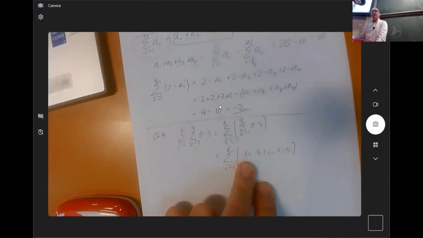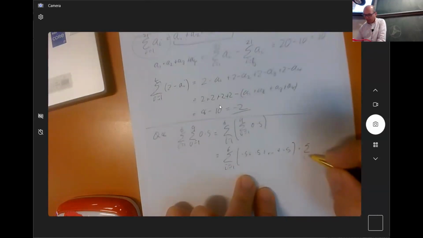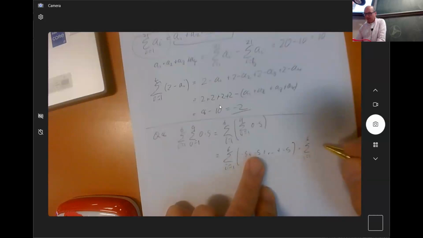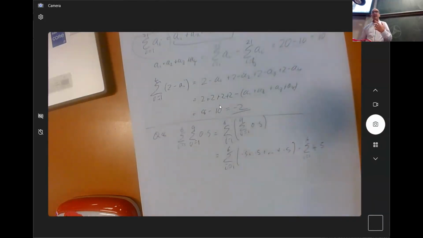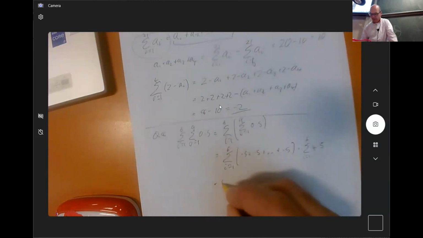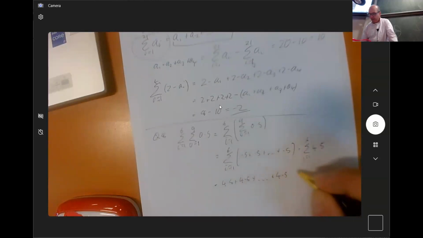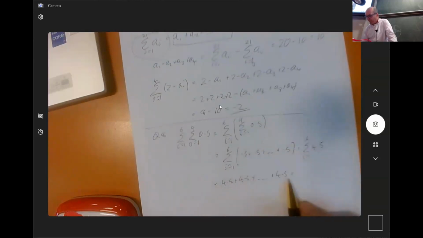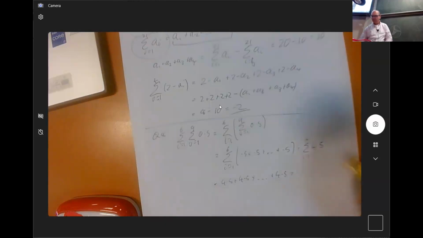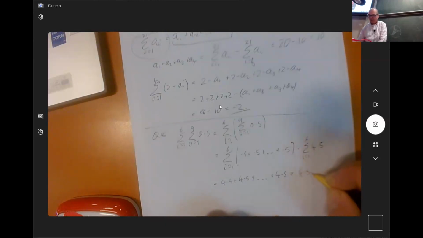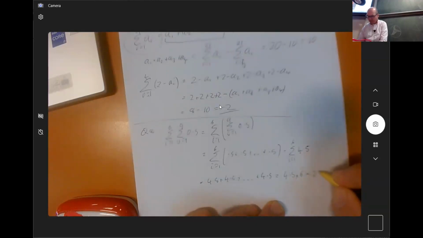That's literally 0.5 times 9. So the sum over i equals 1 to 6 of 9 times 0.5, which is 4.5. So I could go, that's 4.5 plus 4.5 plus 4.5, which is 4.5 times 6. And that's where we came up with 27.